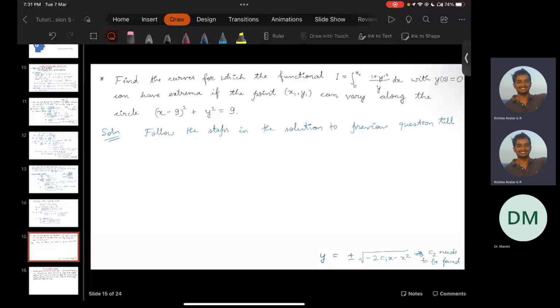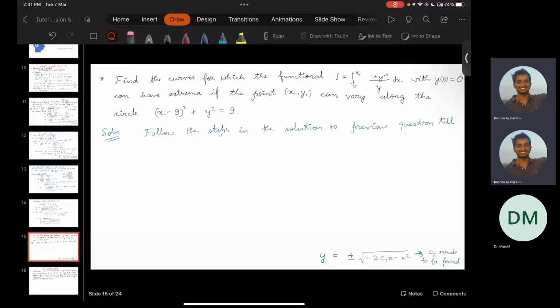Our goal is just to obtain a very simple parameterization, so we divide throughout by 9. This gives us x minus 9 divided by 3 whole squared plus y by 3 whole squared is equal to 1.